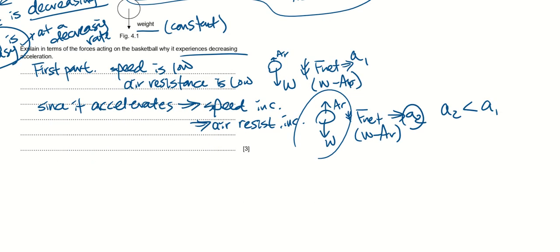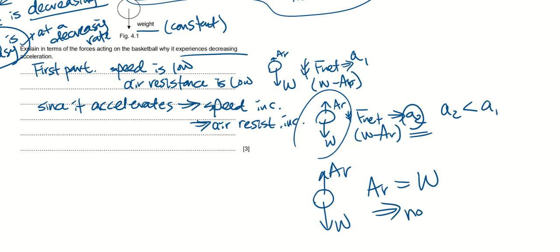Eventually, at this point, there's still acceleration. Although A2 is very much smaller than A1, you can't deny that there is an increase in speed. So the speed still increases. If the speed still increases, then your air resistance will eventually increase until it is equal to weight.